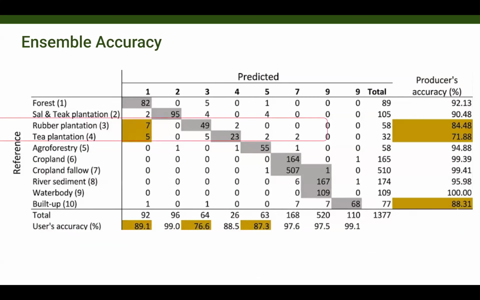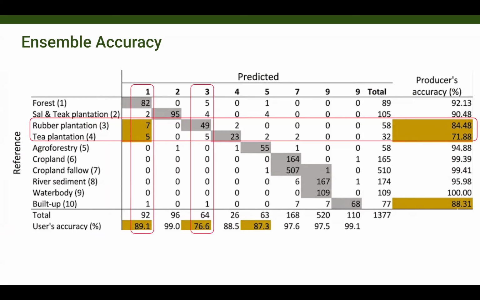The problem is in separating the plantations. First, vegetation versus non-vegetation is easily separable. But within the plantation itself, like rubber and tea plantation, it is confused. Not heavily, but it's confused, either in producer accuracy or user accuracy.